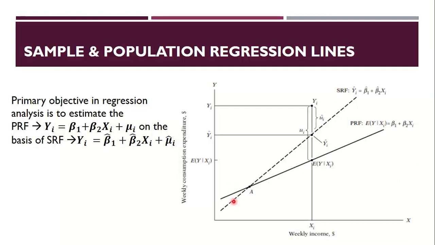That means overestimation and underestimation vary with the fluctuation in the sample data.